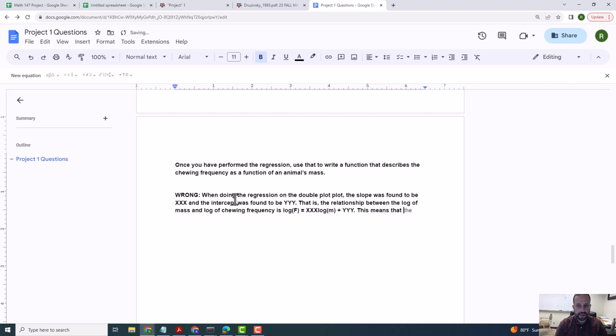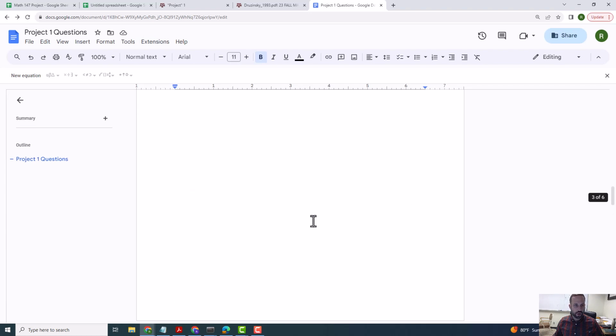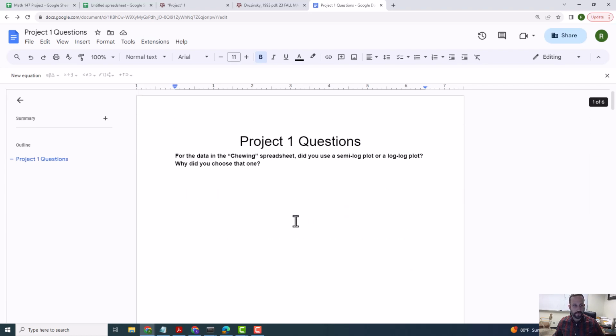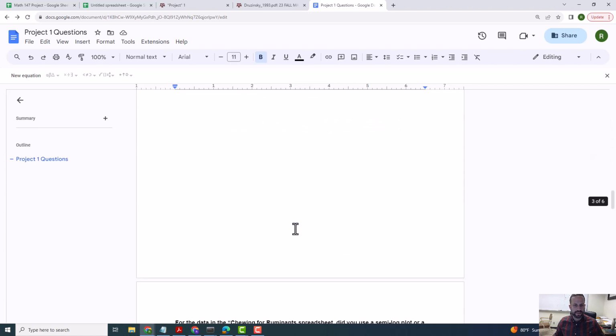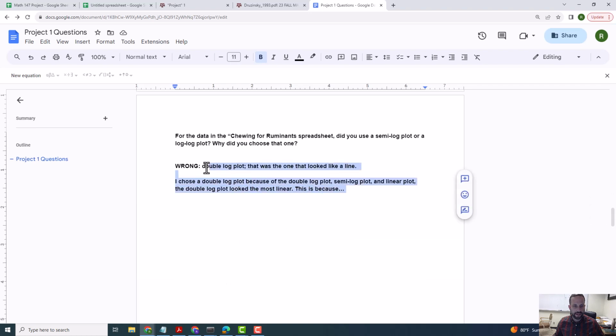This means that f is equal to, and you put whatever it's equal to. You're going to raise both sides of this equation to the power of 10 and put what you have over here. Okay, and you're going to do something similar for both this one and the one that I have up here.